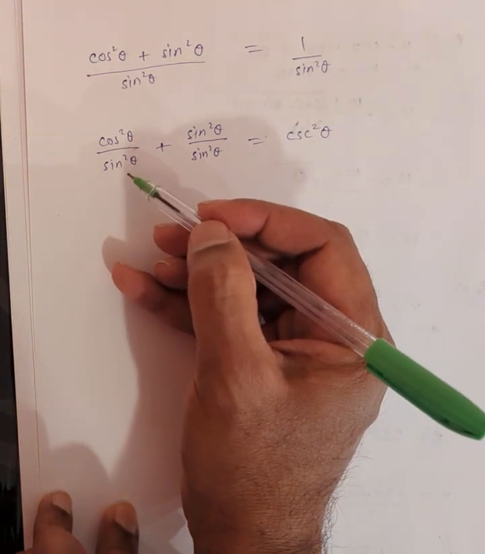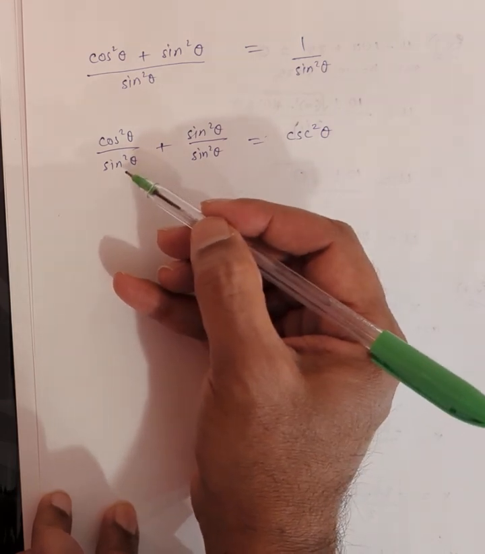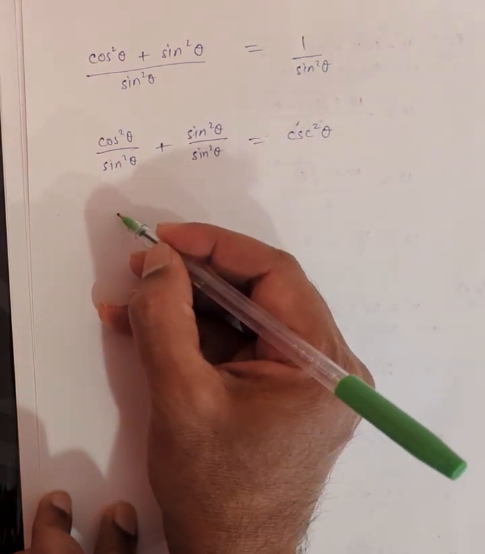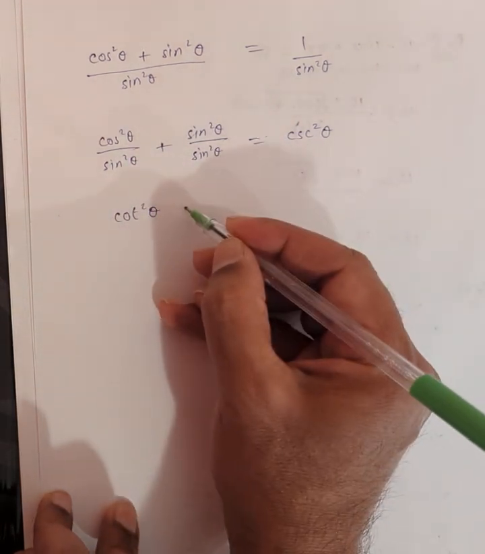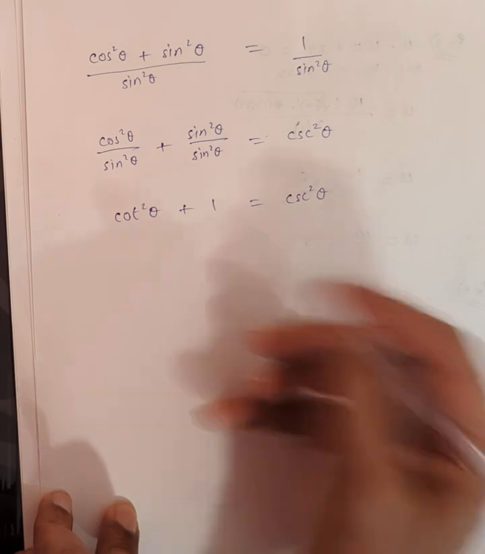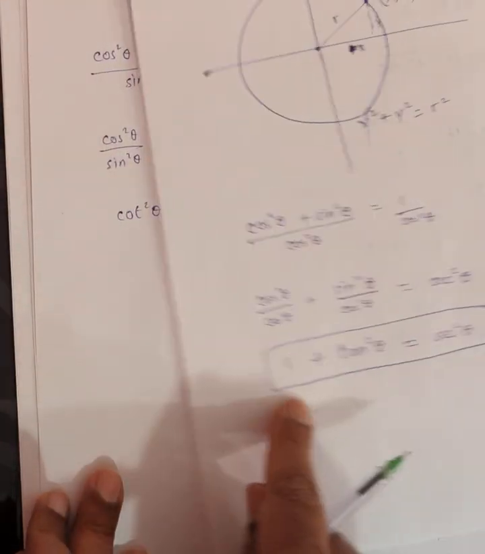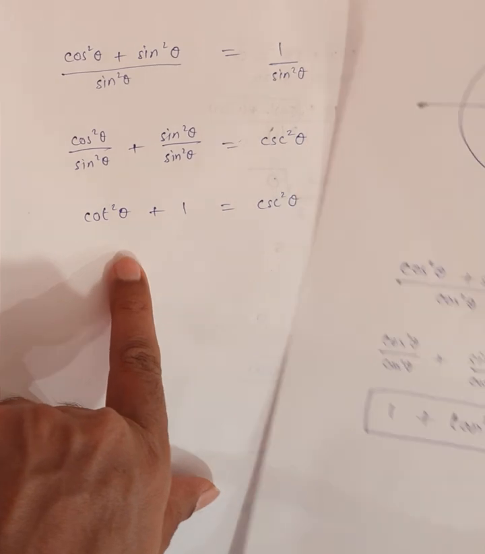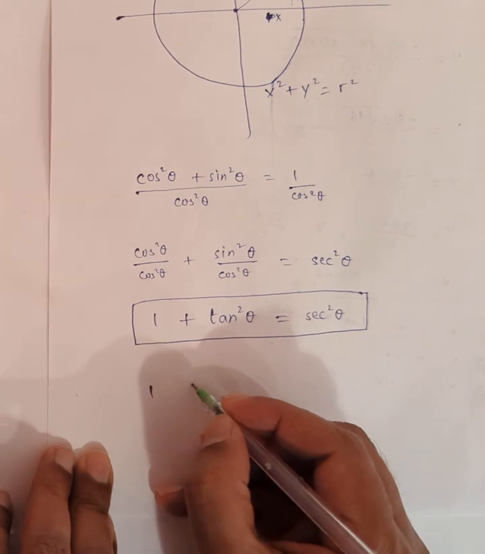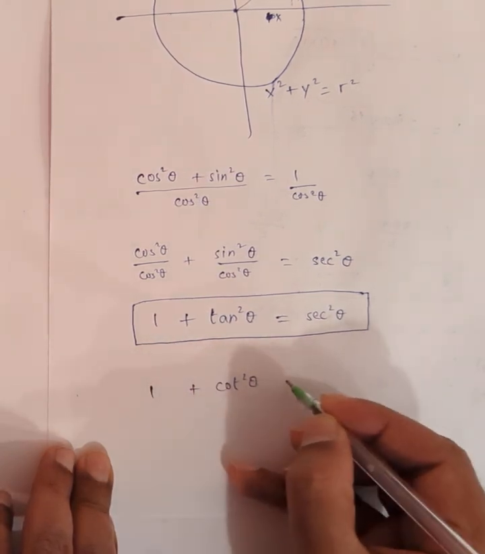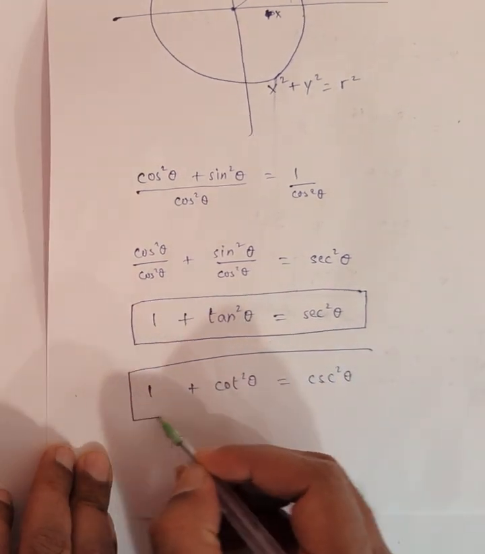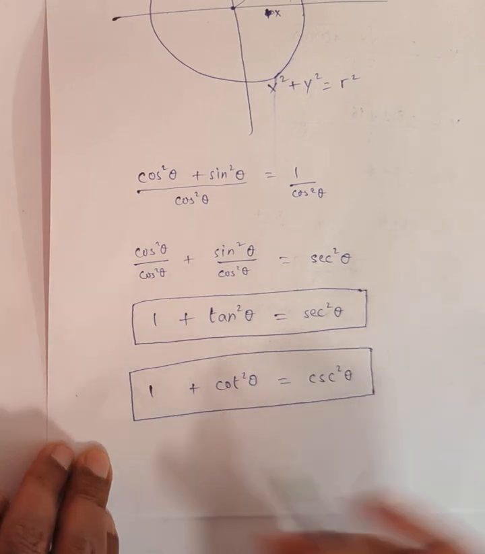Now cos over sine is the reciprocal of tan, because tan is sine over cos, so cos over sine is cot. So I have cot square theta plus 1 equals cosecant square theta. If I want it to look like 1 plus tan square, let me rewrite this as 1 plus cot square equals cosecant square theta. So these are the other two Pythagorean identities.